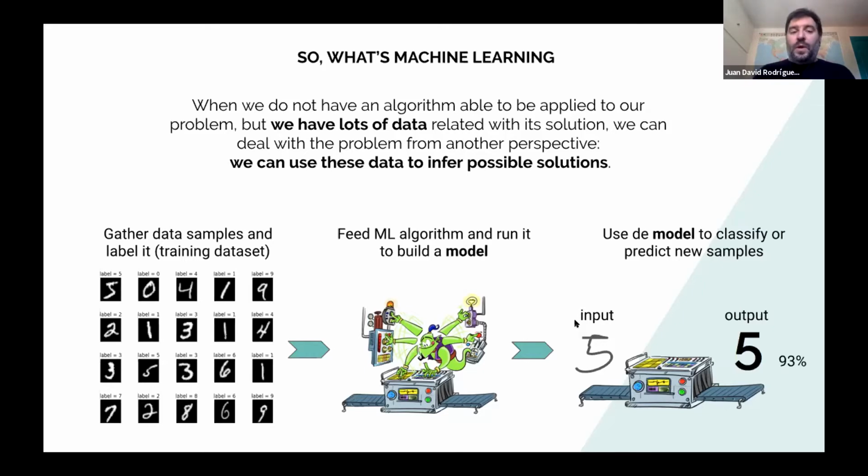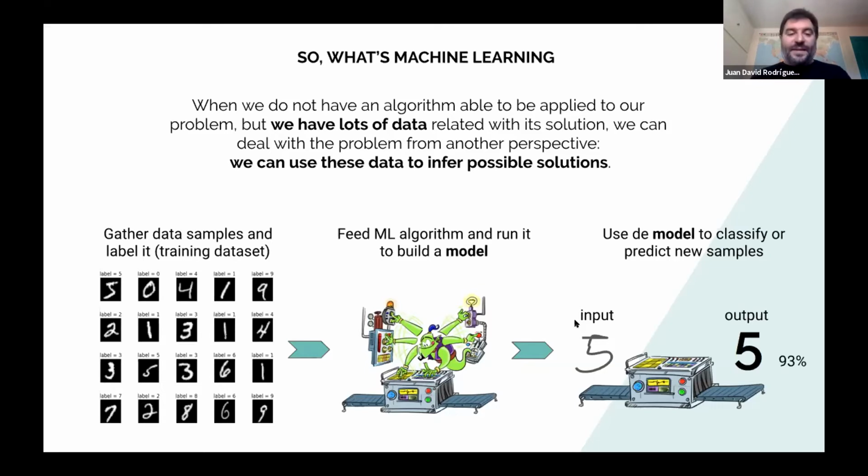Afterward, we feed this data set to a machine learning algorithm that will use them to fit a model able to classify new handwriting numbers. In this picture, for example, the model is represented by the machine, while the genius represents the algorithm that is working hard at using the model parameters to be able to classify similar but different handwriting numbers.